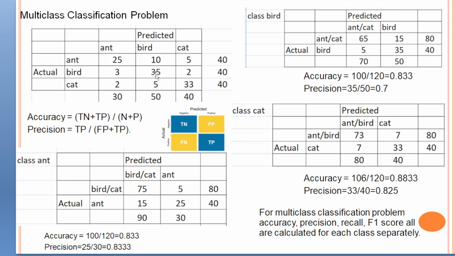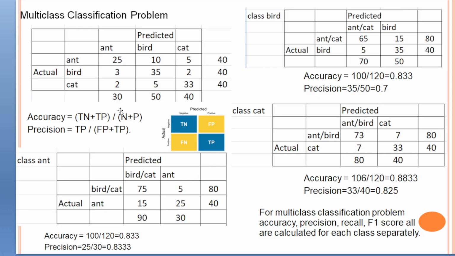That means we have to sum these four numbers over here. So this sums up to 55. In actual, it was bird or cat but classified as ant, predicted as ant. This number is 5. So I have written 5 over here. So now when I sum this, this becomes 90, and when I sum this becomes 30. So we have received this two class matrix for a multi-class classification problem.